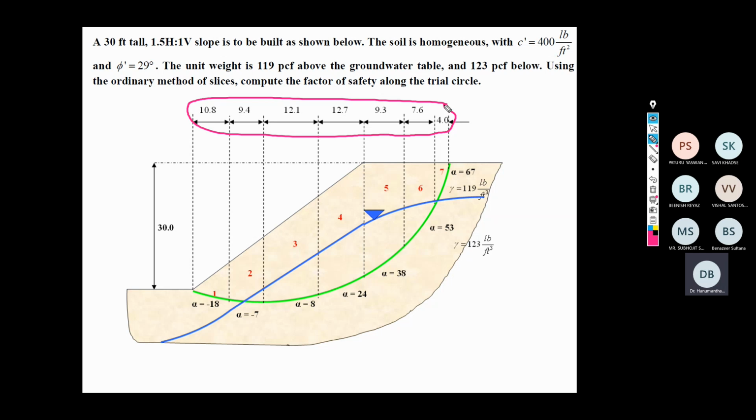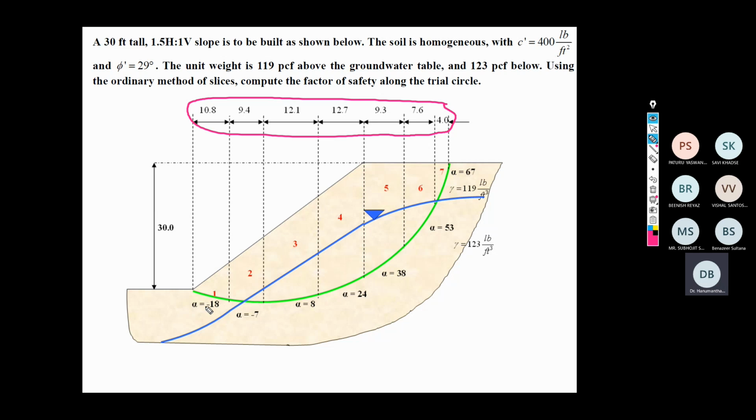Next, the most important thing is that if you look at the angle made by the failure plane at different locations corresponding to different slices, it is both positive and negative. Suppose if you look at slice number 1, the angle made by the failure plane is negative. It is not positive.